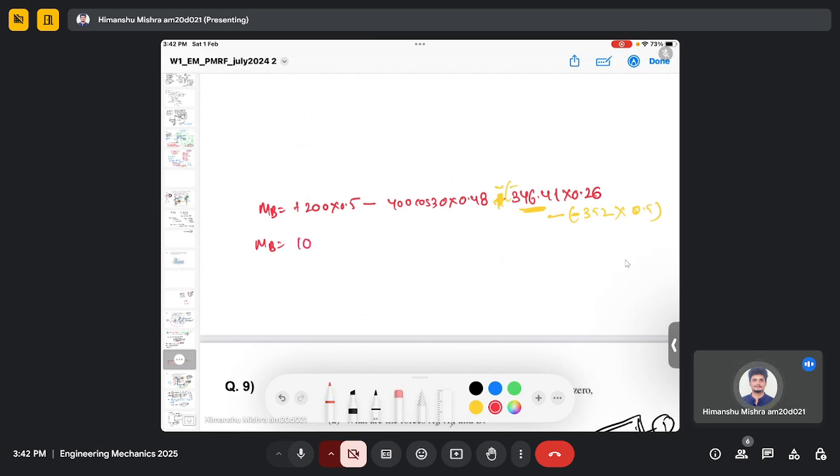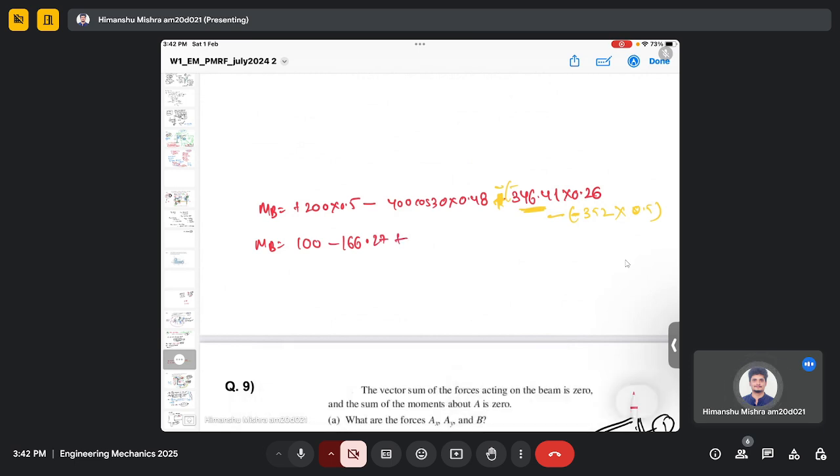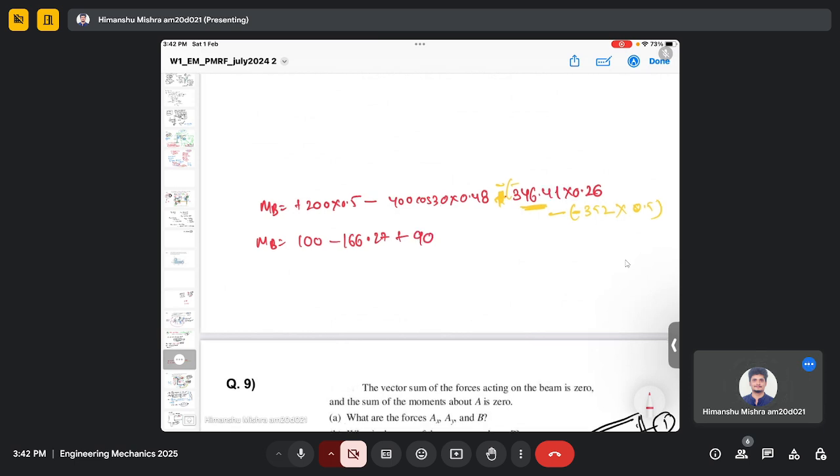So it will be minus 156.334 minus 166.27 plus 176, and this should become plus also.